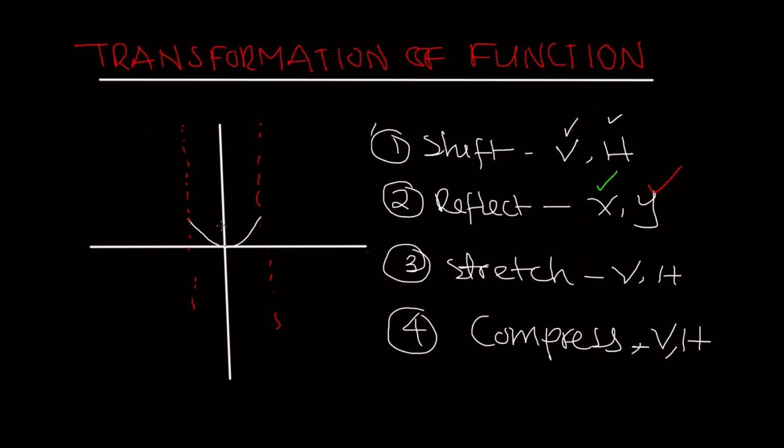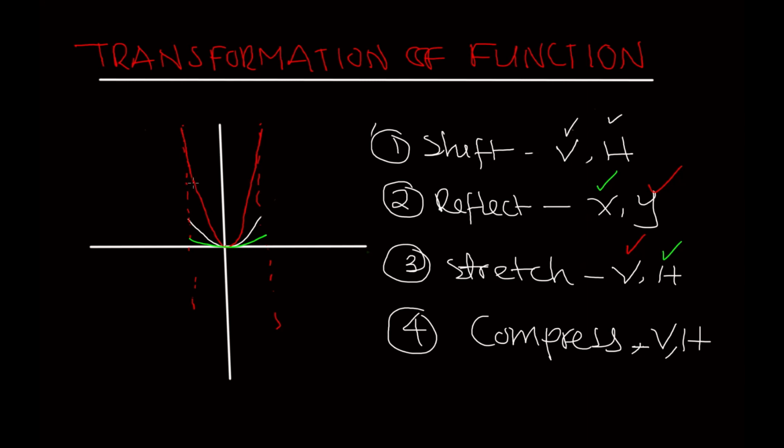So I can get this same graph and I can make it like that. This is what we call vertical stretching. I can get that same graph and then I can make it like this. That is what we call vertical compression.